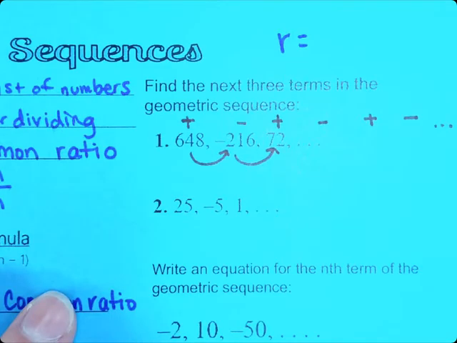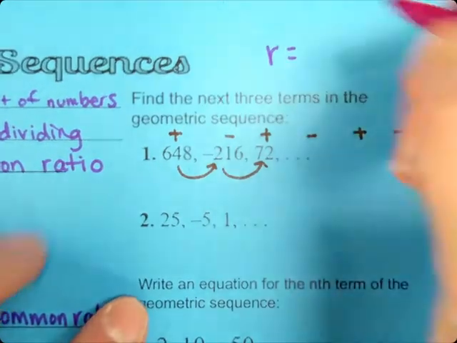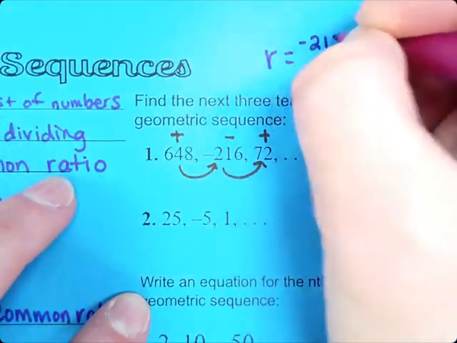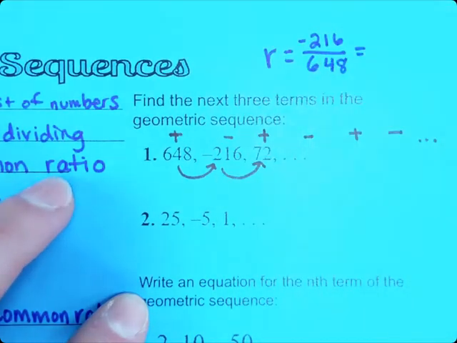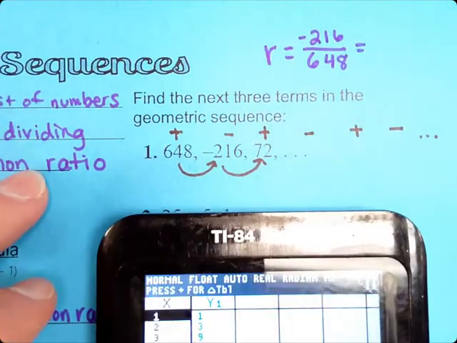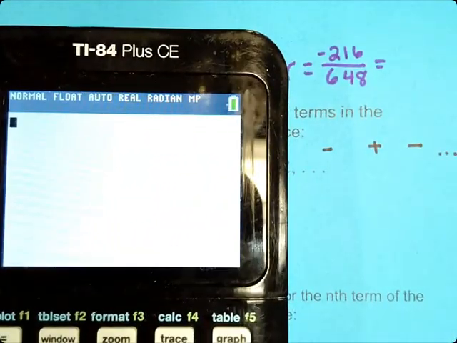You find that by dividing. Remember how I wrote this over here? Second term divided by first term, that's our common ratio. So it'd be negative 216 divided by 648. I want to write it as a fraction though, if it's a decimal.